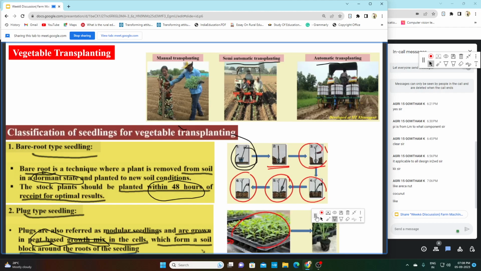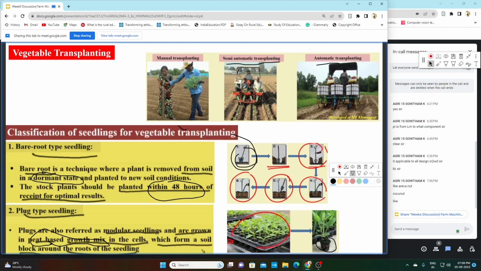You can see, this lower portion is soil or vermicompost. This is the difference between the bare root type seedling and plug type seedling.